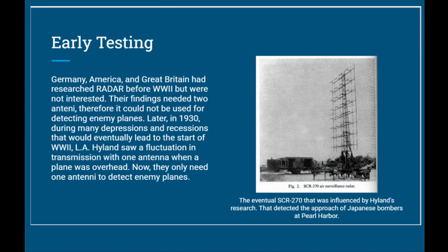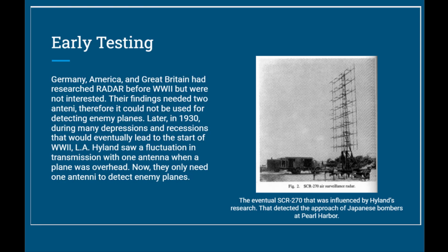Early testing started in Germany, America, Great Britain, and many other countries. They had researched radar before World War II, but were not interested because of a lack of need. Their findings needed two antennae, therefore it could not be used for detecting enemy planes.